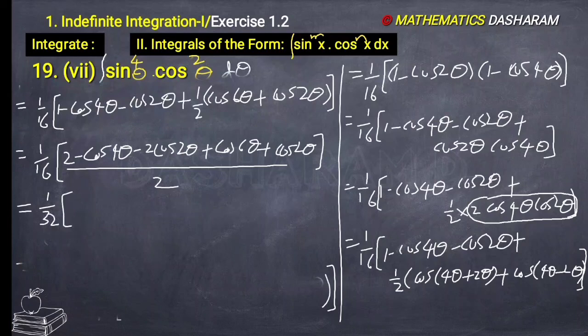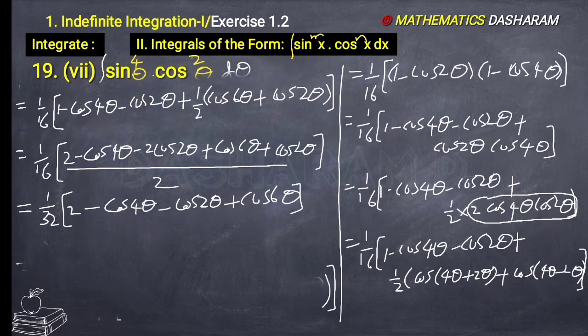So 1/32, 2 minus cos 4 theta minus 2 cos 2 theta plus cos 2 theta is minus cos 2 theta, plus cos 6 theta, bracket close. So now the given question, sin to the power of 4 theta into cos squared theta, is converted into 1/32 bracket of 2 minus cos 4 theta minus cos 2 theta plus cos 6 theta.